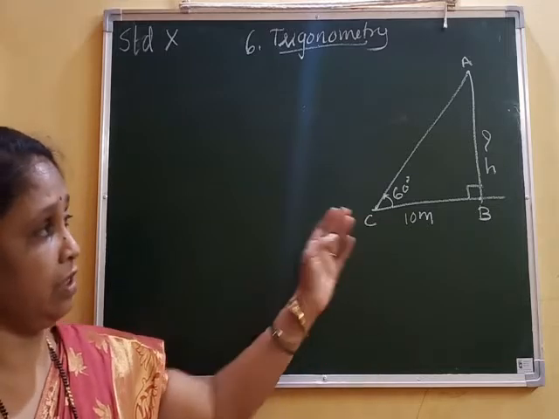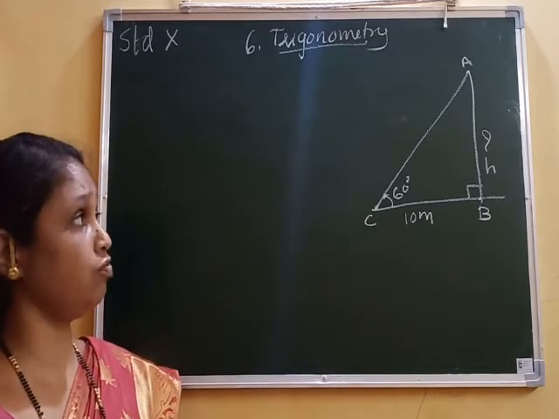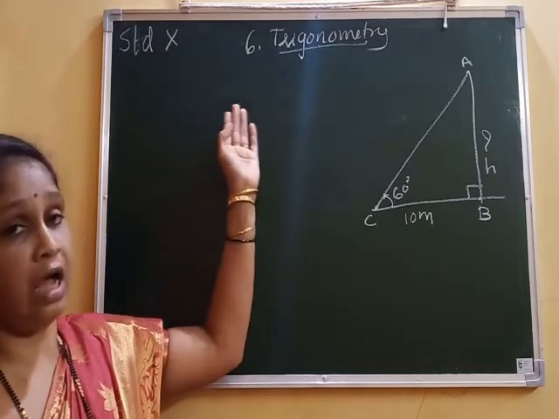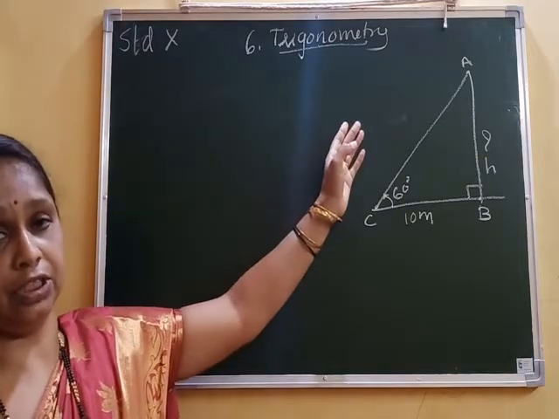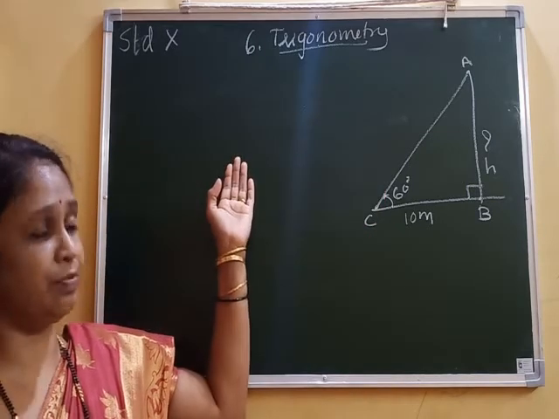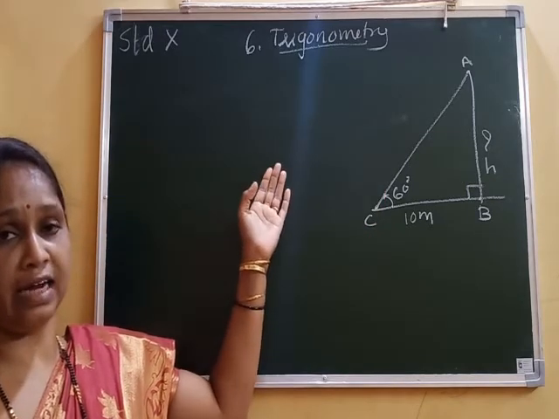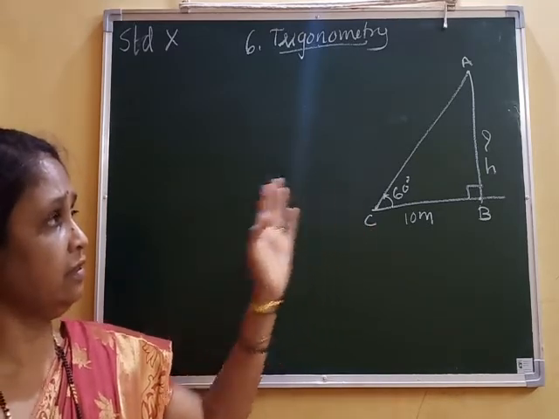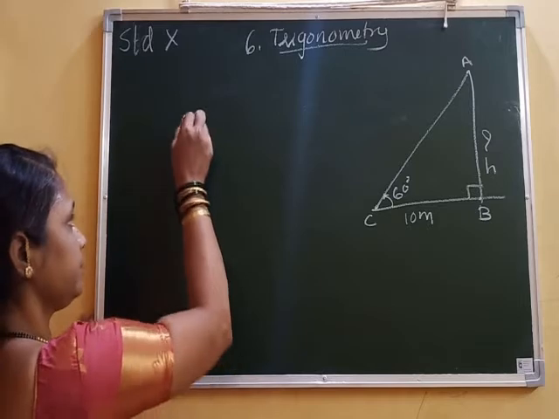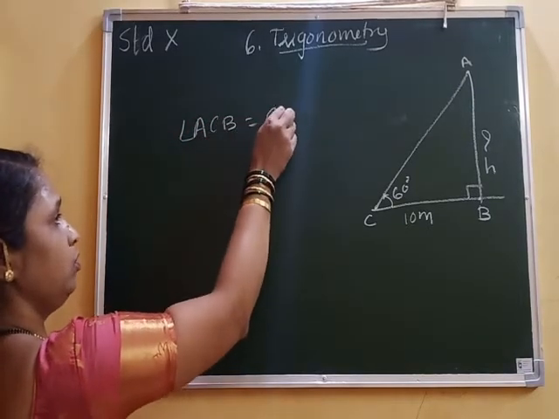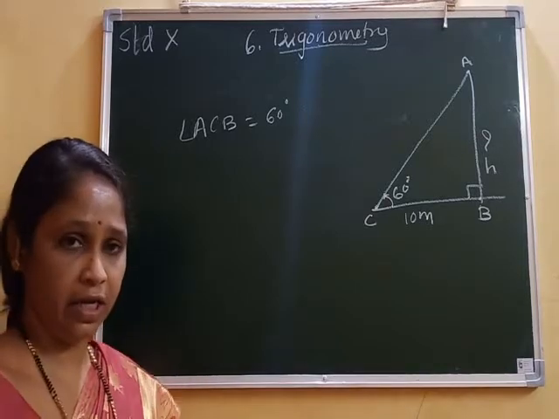Now see here, you have to write the statements. What statement do you have to write here? Let AB be the height of the tree. BC is the distance between the observer and the tree. And angle ACB is equal to 60 degree, the angle of elevation.